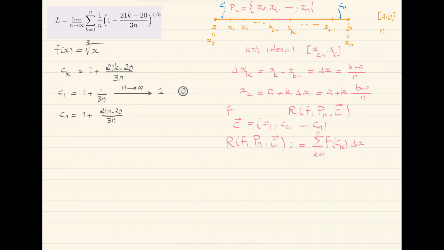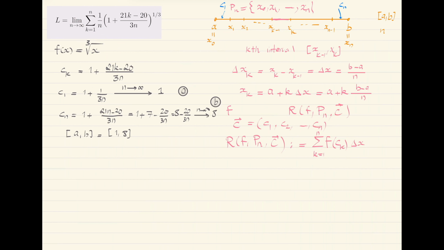Before taking the limit, let me write it like this: 21n divided by 3n becomes 7, and then minus 20 over 3n, which gives 8 minus 20 over 3n. Now I send n to infinity. The second term becomes 0, and it becomes 8. So that is a good choice for b according to this logic. Our guess is that the interval we are working with should be from 1 to 8.